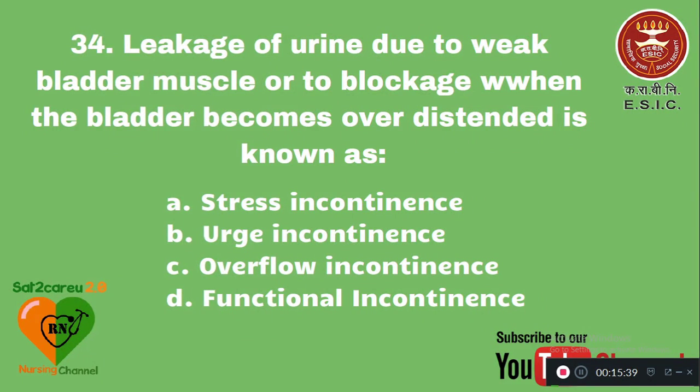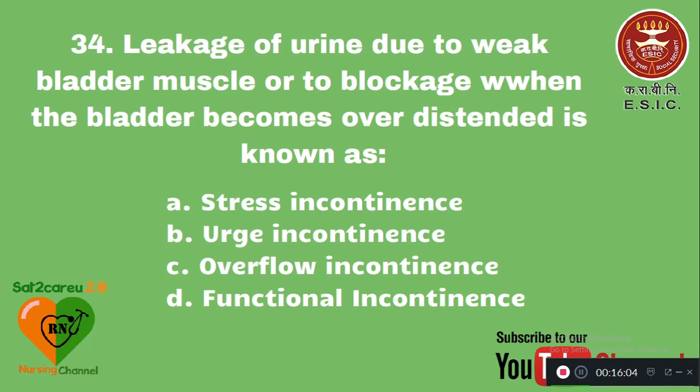34. Leakage of urine due to weak bladder muscles or to blockage when the bladder becomes over-distended is known as option A, stress incontinence, B, urge incontinence, C, overflow incontinence, D, functional incontinence.